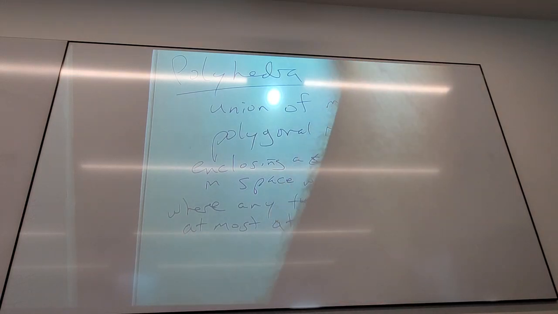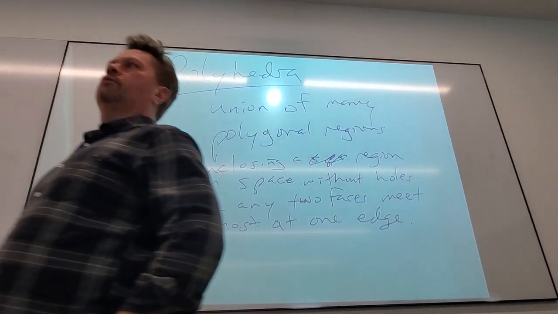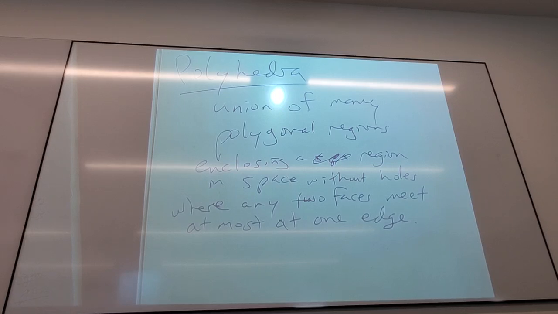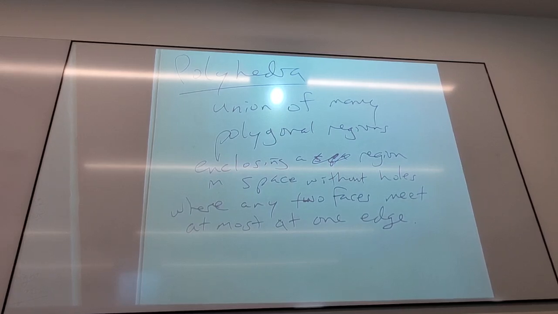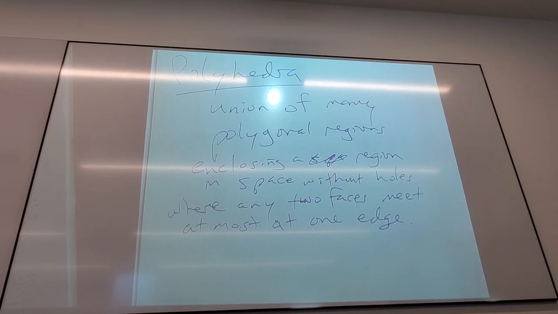So, is a sphere an example of a polyhedra? Why not? Because it doesn't have any edges. What was a polygon again? What had to be true about a polygon? Let's go way back.